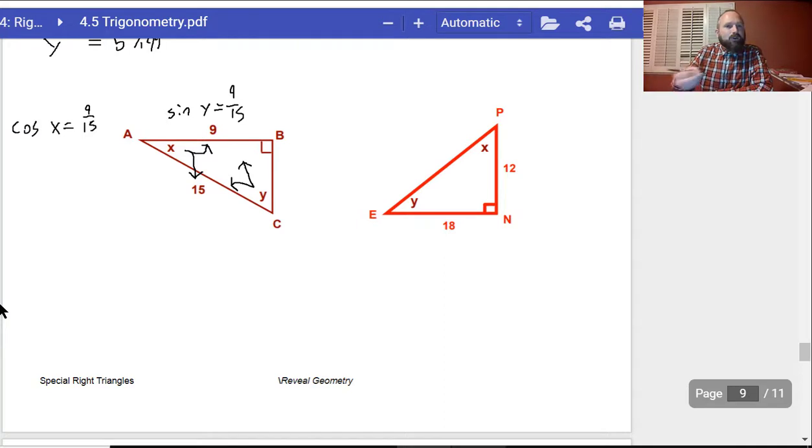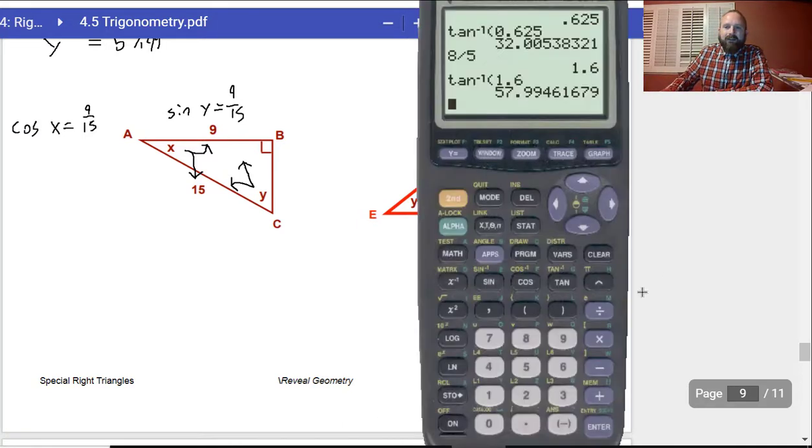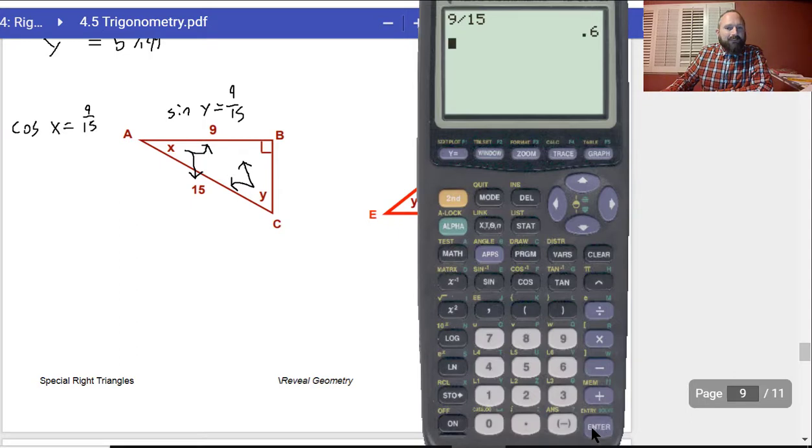Now we just have to go through the motions. Divide 9 by 15. So 9 divided by 15, and we get 0.6. So now we just have to do the inverse cosine and the inverse sine to figure out what is the degrees for the angle for x and what is the angle for y.